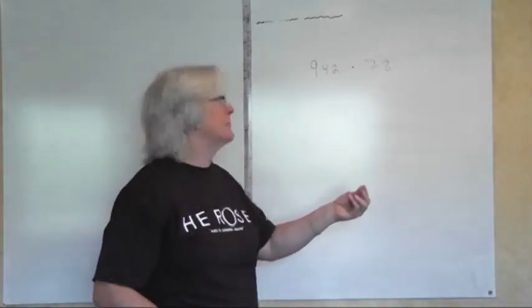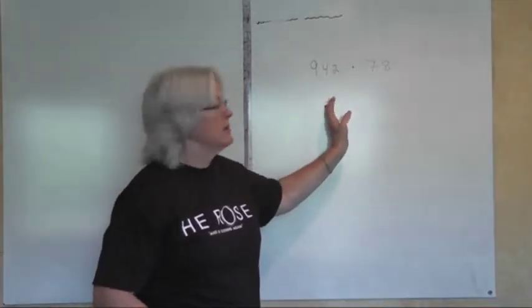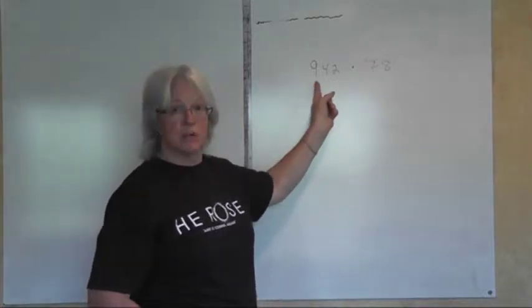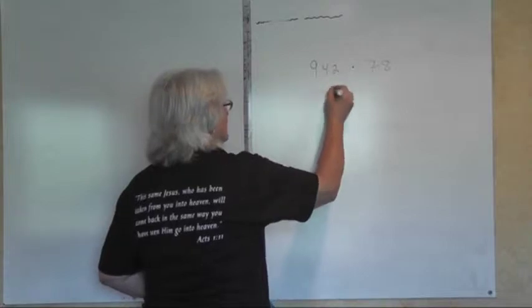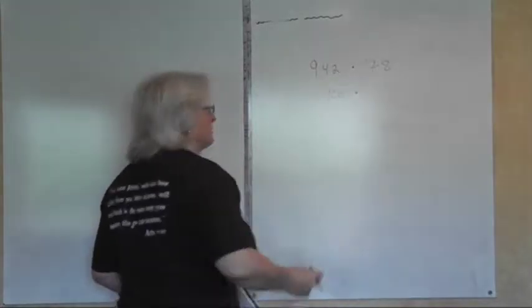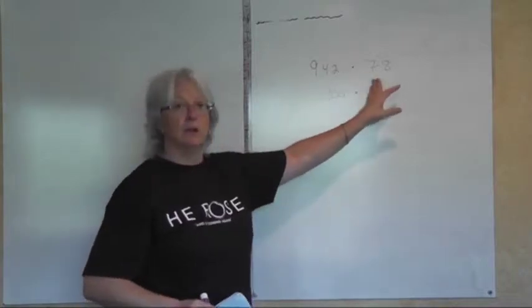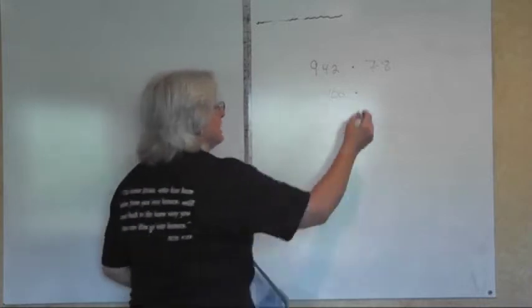Remember, factors are what you multiply together to get an answer. Greatest place means this one's greatest place is the hundreds. 942 rounds to 900. Are we going to round 78 to the hundreds and say it's 100? No, we're going to round it to its greatest place, which is 80.